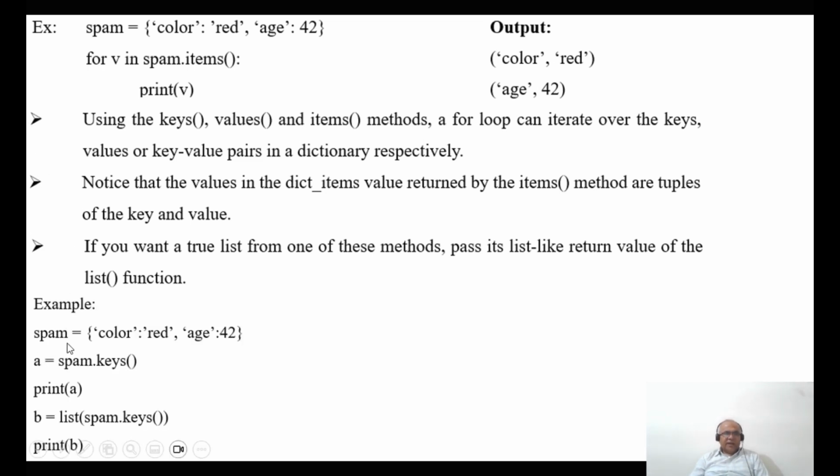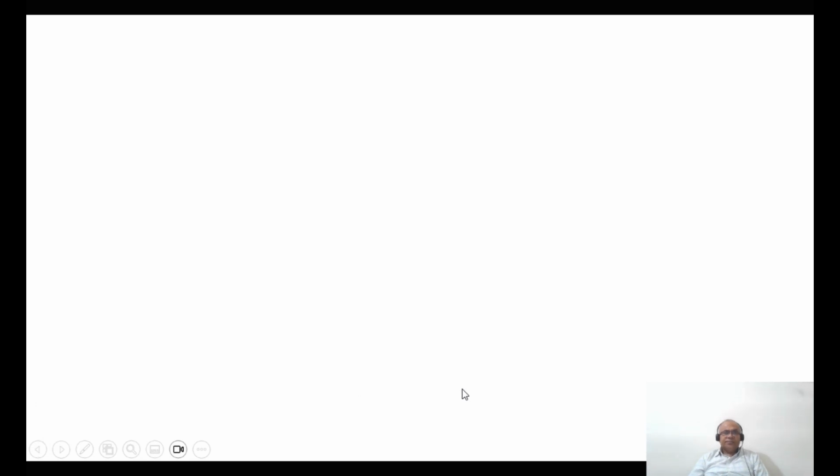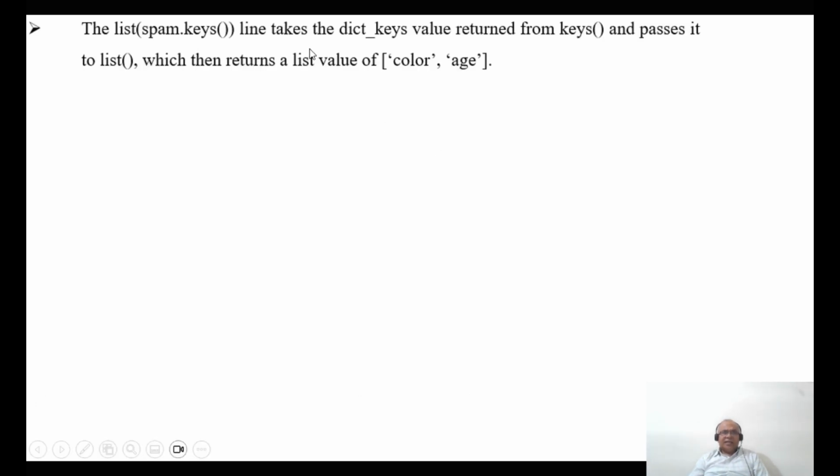For example, if you have spam with color red and age 42, A equals spam.keys(), then print A. What output will you get? dict_keys, with color and age. Similarly, for B equals list of this, you will get the output within a list. The list(spam.keys()) line takes the dict_keys value returned from keys and passes it to list, which then returns a list value of color and age.